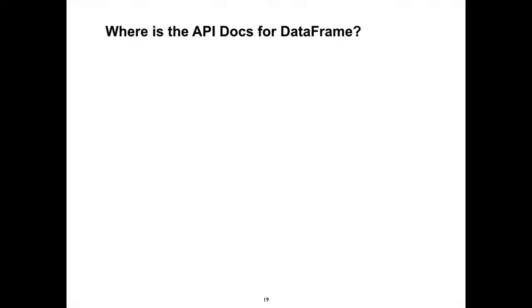The DataSet has a schema, and you specify the schema by creating a case class in Scala, right, which specifies the name and the type of each column in code.